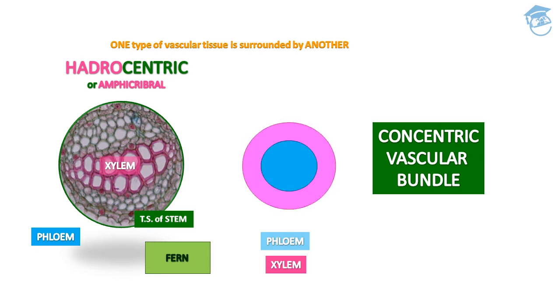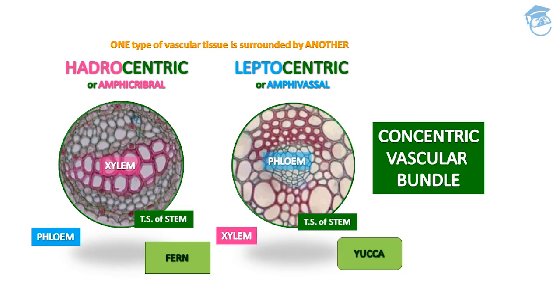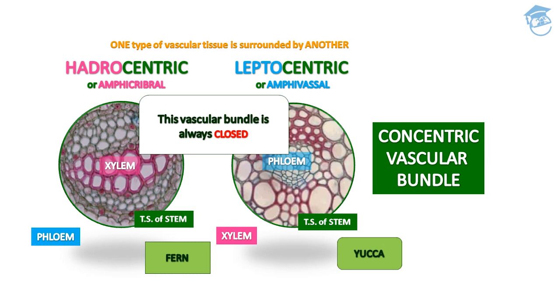And when xylem is inside but phloem is outside, then that is called amphivasal or leptocentric. Concentric vascular bundles. Okay, concentric means one inside another. I have just shown you like this. This one is found in Yucca. And this vascular bundle is always closed because there is no cambium present.